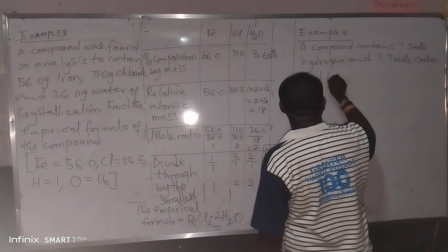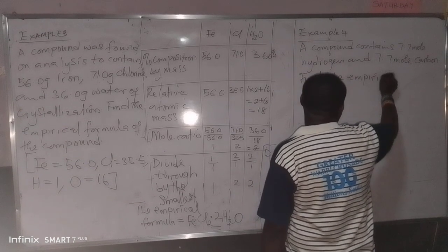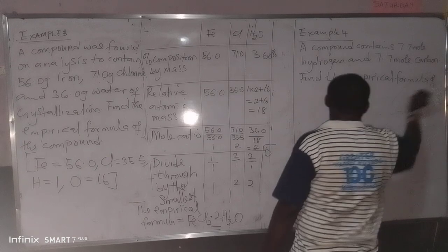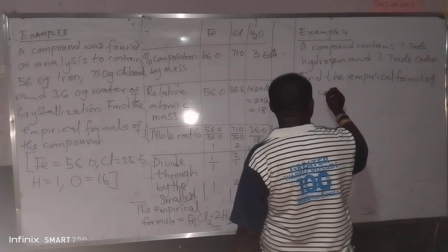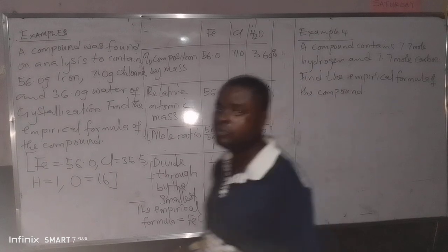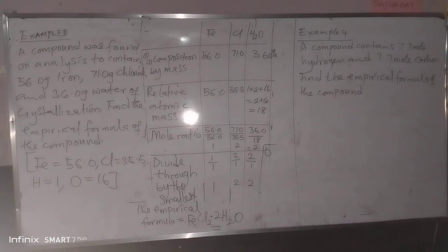Find the empirical formula of the compound. They do not give you the relative atomic mass of carbon and hydrogen, since they are giving you their number of moles.